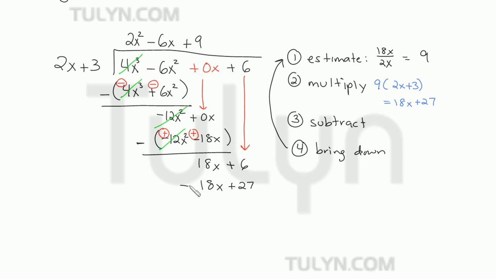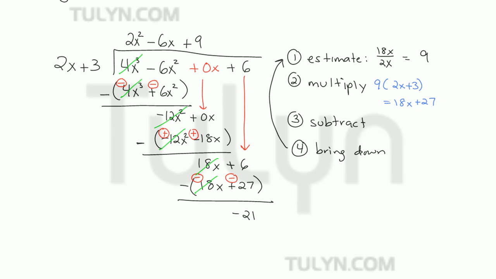Then when we subtract, what happens to the signs? Well, this 18x becomes negative, and so does that 27. So then these two cancel out, and we're left with 6 minus 27, which gives us negative 21.